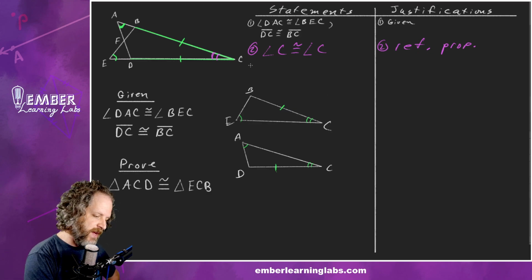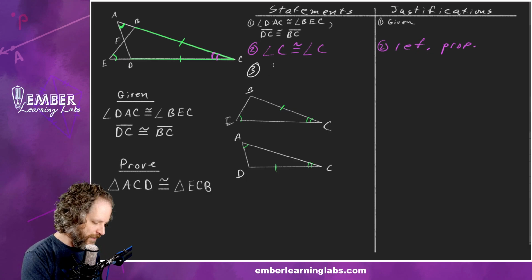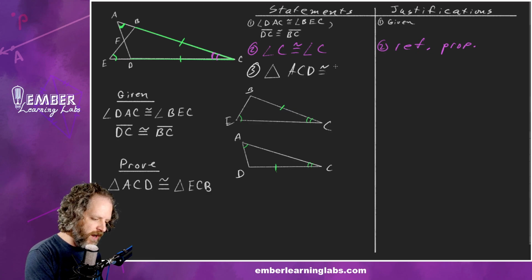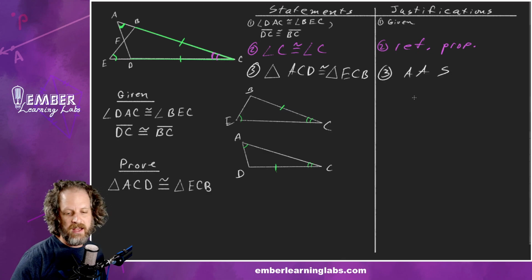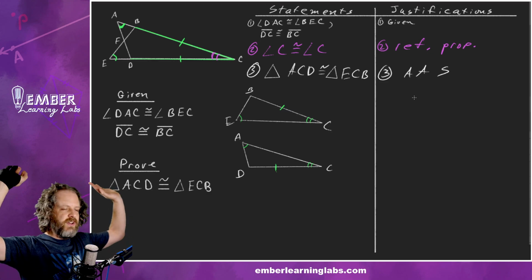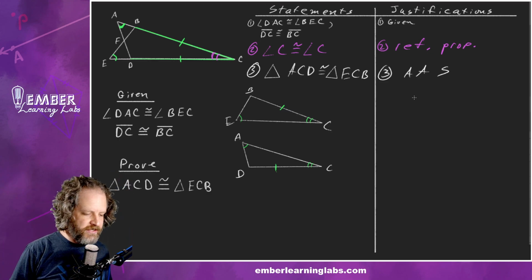Three-step proof, baby. Number three. We have triangle ACD congruent to triangle ECB because of angle, side. That's it. Done. Finite. I think that was even faster than the last one.